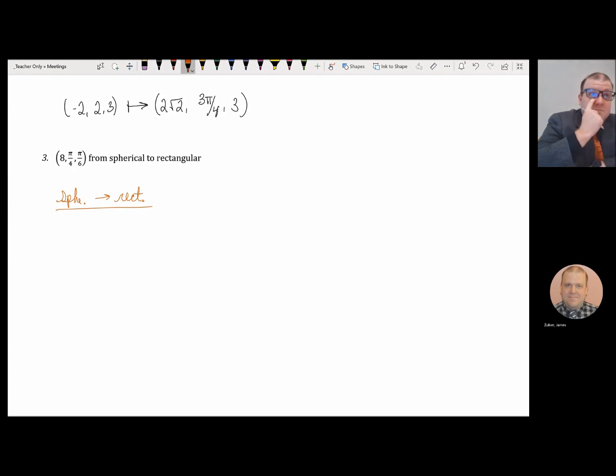Rho is the distance from the origin to the point. X squared plus y squared, that's not a relation from spherical to rectangular, though. That'd be 1 from rectangular to spherical.